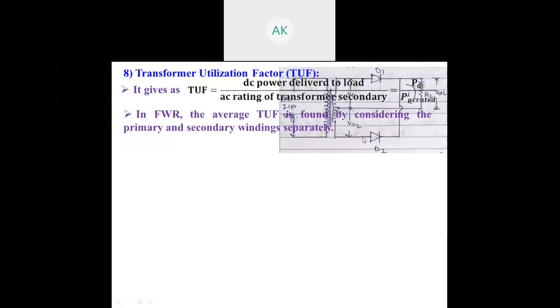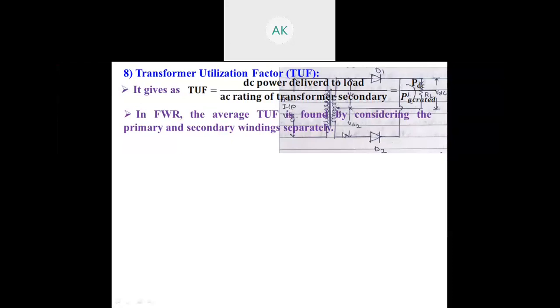Diode D2 is off. When the diode is off, internally the diode is open, so this track is open. If this track is open, how much voltage is available at this point? That is the maximum voltage applied by the transformer secondary.